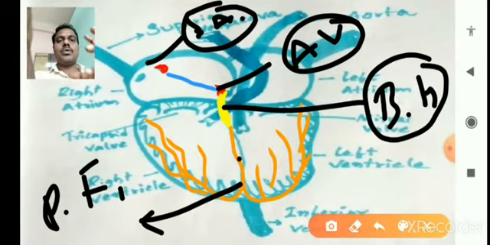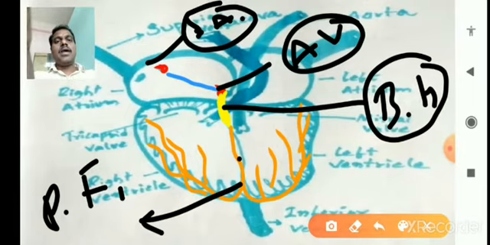Now the heart is going to contract, meaning its size will decrease. Not completely, but the shape will become small in size.